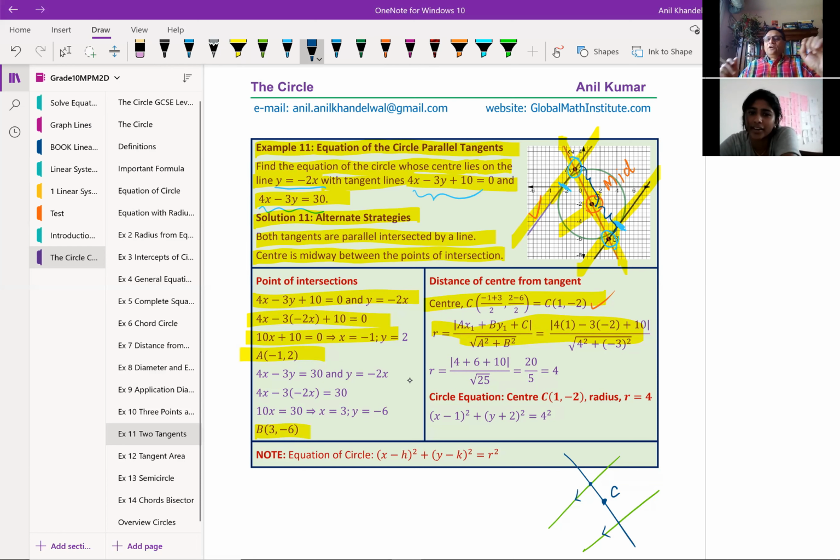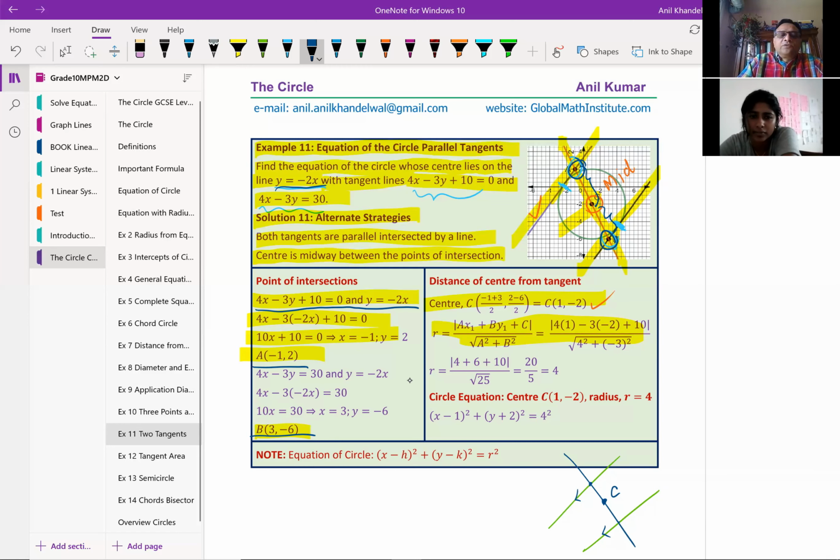So the center point is the average value of the points of intersection. We first found points A and B, which are these 2 points outside the circle. We found that by setting the tangent equal to the other intersecting lines, y equals minus 2x.